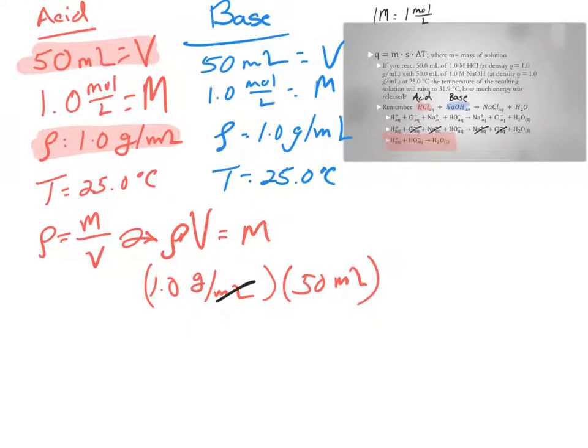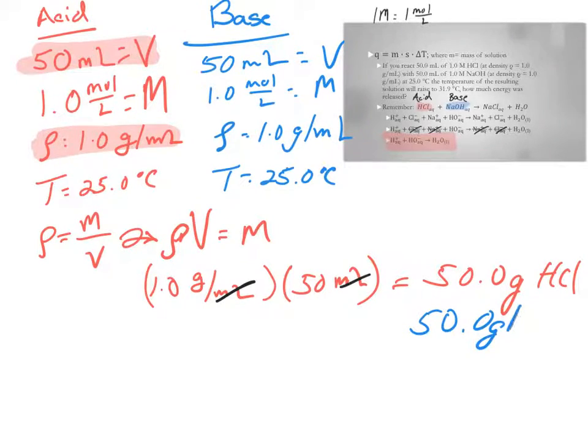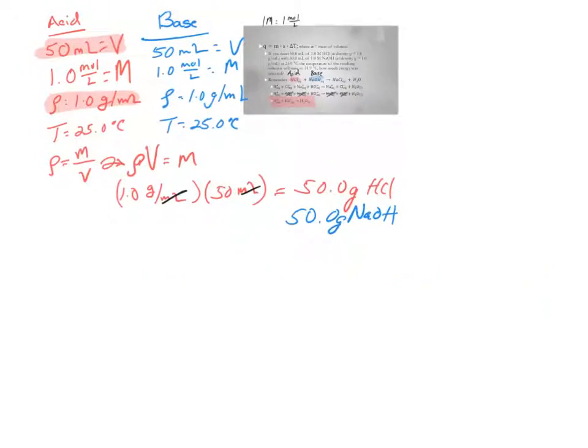You can see the milliliters cancel out, and we get 50.0 grams of HCl. That means we also have 50 grams of sodium hydroxide.